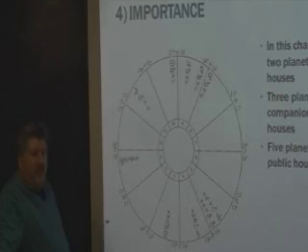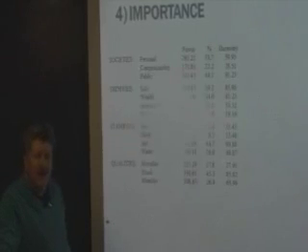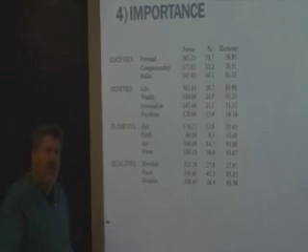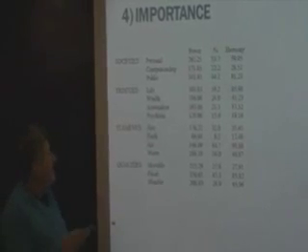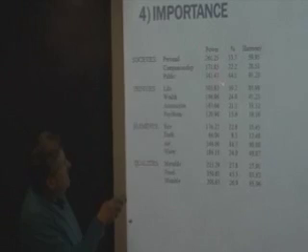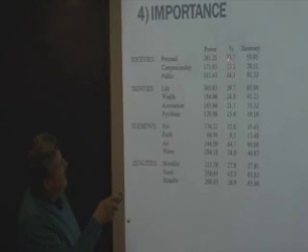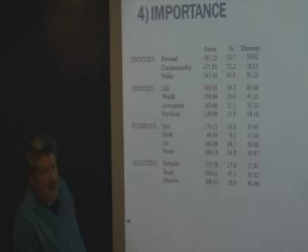So, from this chart, we can see that this is somebody who is primarily public with a lesser emphasis on personal and companionship. The reason the personal houses are more powerful here than companionship, even though there were more planets, is that Uranus is in the first house conjunct the ascendant.